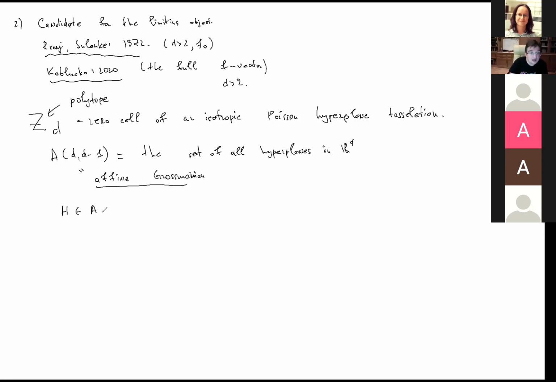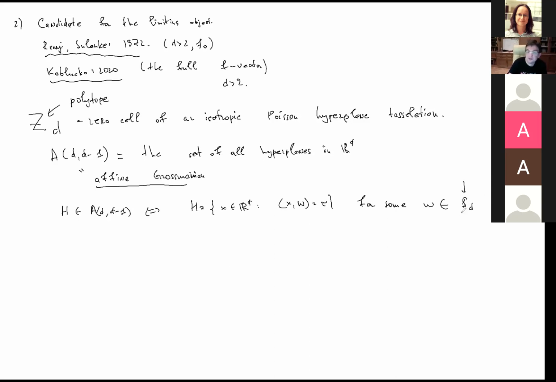So a hyperplane H in this set, A(d, d-1), can be represented as the set of all points x in R^d such that the scalar product of x and some vector w is equal to tau for some unit vector w.